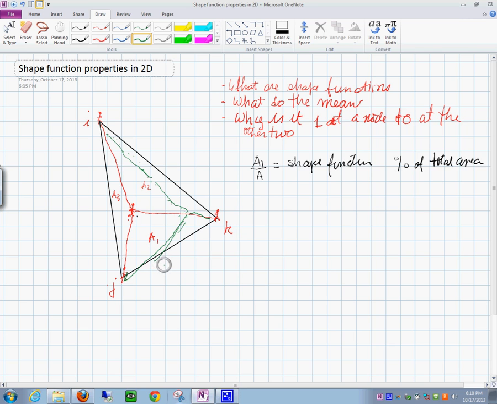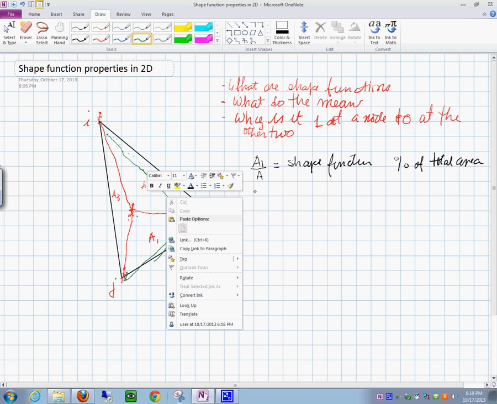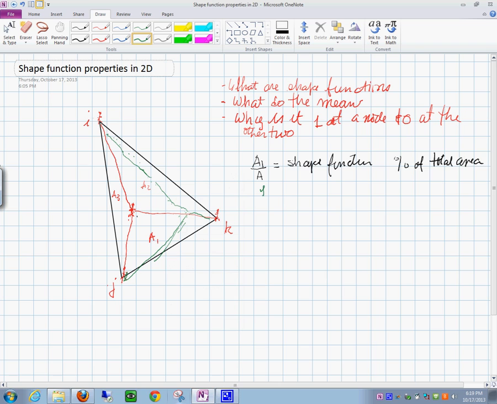So the conclusion is, if K pulls all the way, this area is going to grow into the whole area.